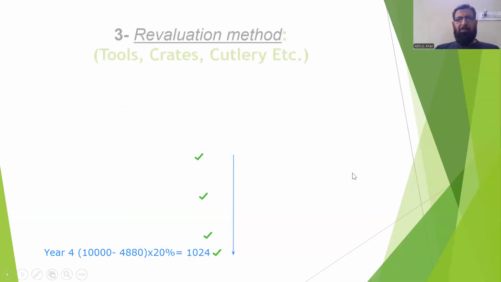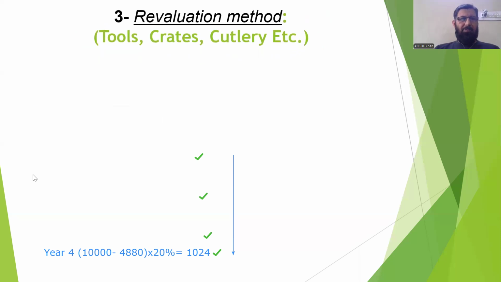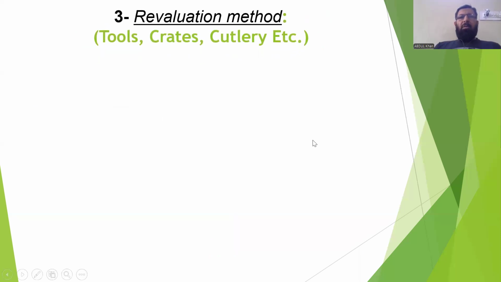Okay, then the revaluation method. In the straight line method, because the asset was giving the same benefit over its useful life, we were charging the same depreciation every year.